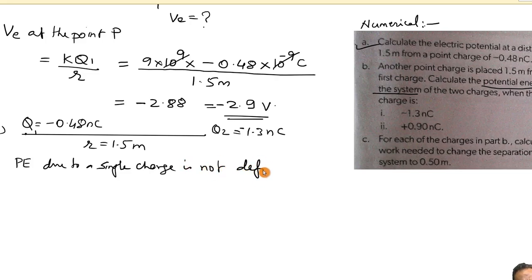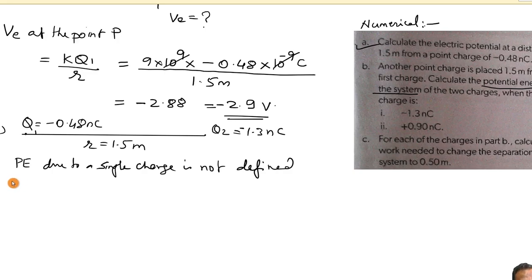So there's nothing called the electric potential energy due to only a single charge. There will not be any electric potential energy due to a single charge Q1, minus 0.48 nanocoulomb. Neither will there be an electric potential energy due to a single charge Q2, minus 1.3 nanocoulomb. So due to a single charge there will not be any potential energy. Potential energy as such is not defined.